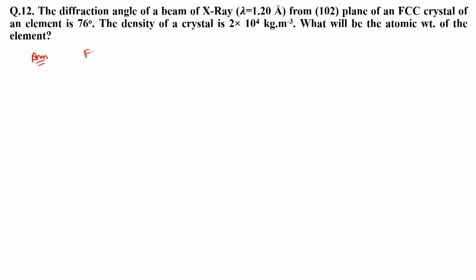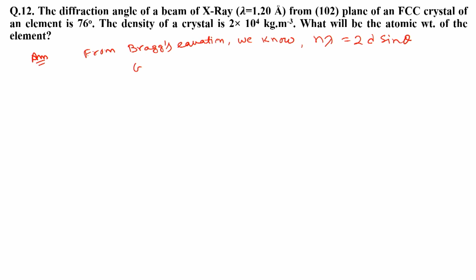From Bragg's equation we know n lambda is 2d sin theta. Now for n, nothing is given, so we can consider n is 1.